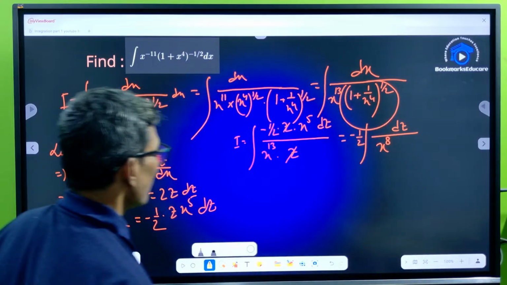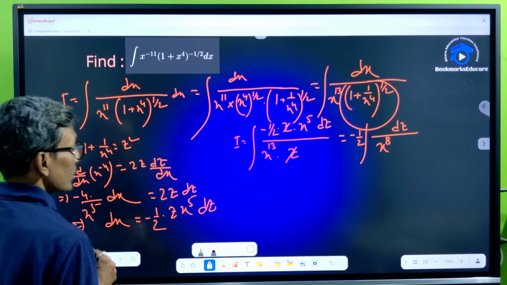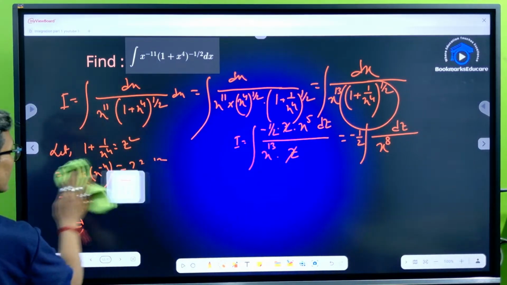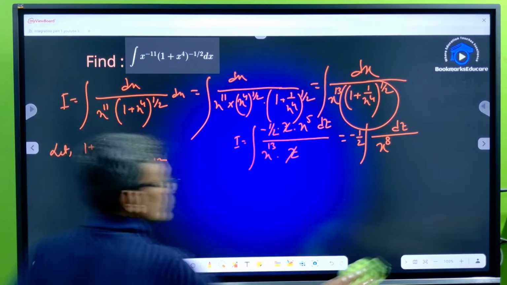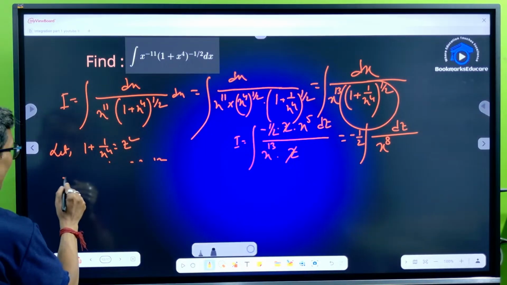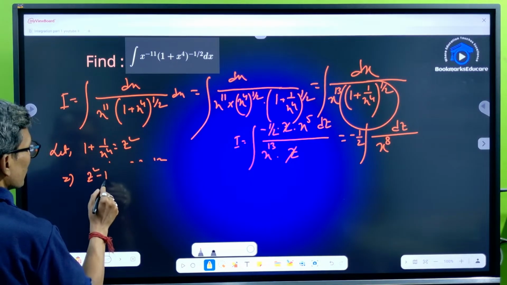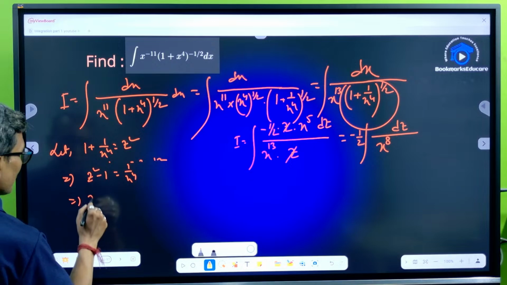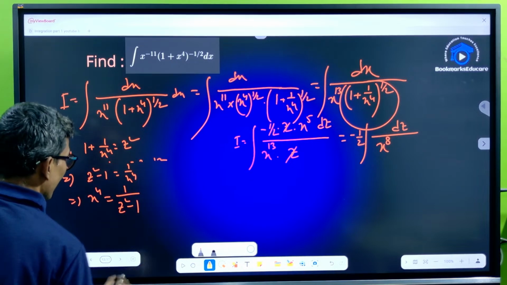Okay, so x to the power 8 means z square minus 1 is equal to 1 by x to the power 4. So x to the power 4 is equal to 1 by z square minus 1.